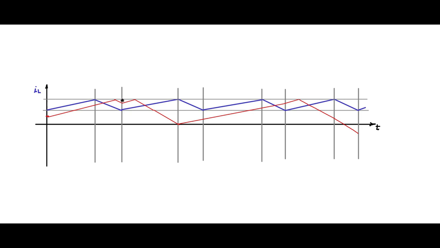Now this top line here, where the inductor current is comparing with that line, is the IL reference line. So let me highlight that with a different color.